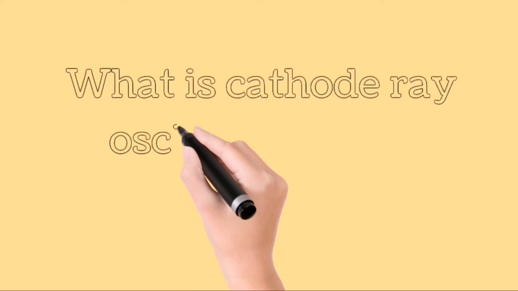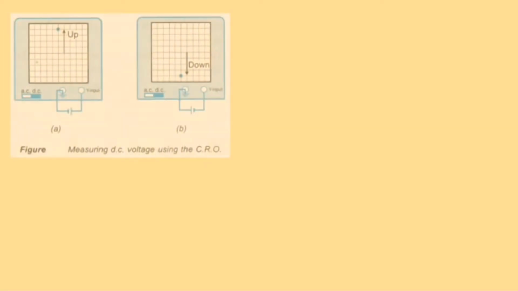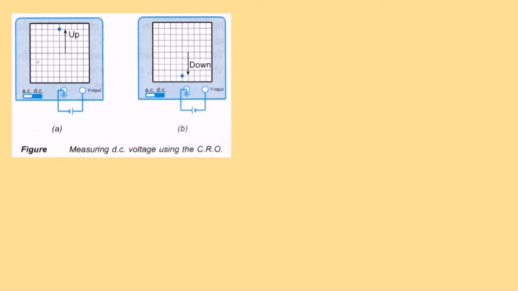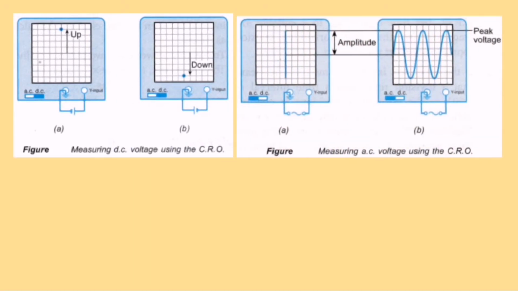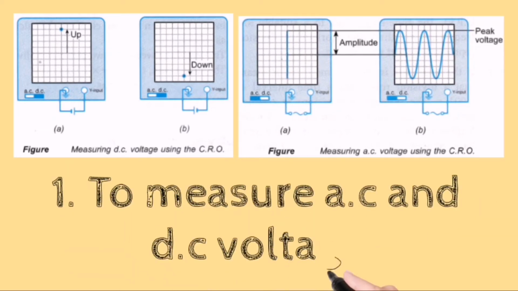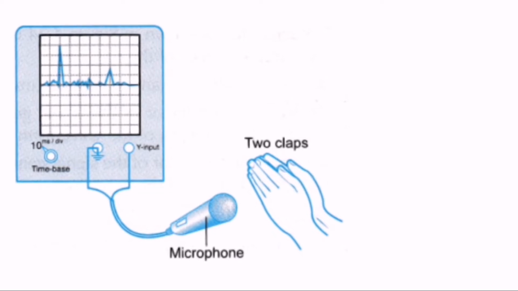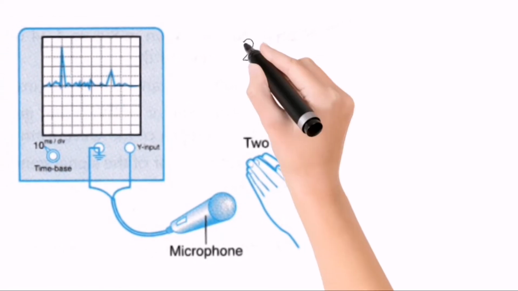Oh, I see. Then what is a cathode ray oscilloscope used for? Alright, Susan. A cathode ray oscilloscope has a few uses. First, it can be used to measure AC and DC voltage. Second, it can be used to measure short time intervals.